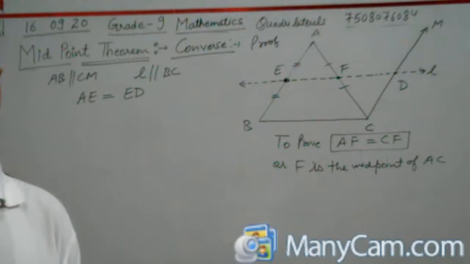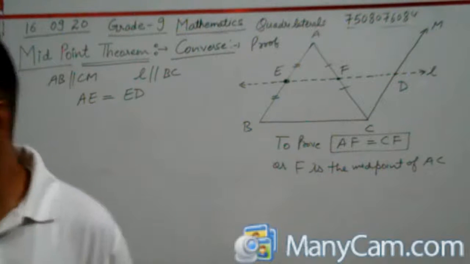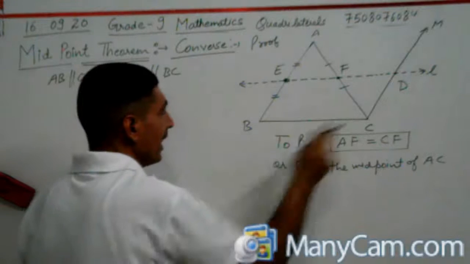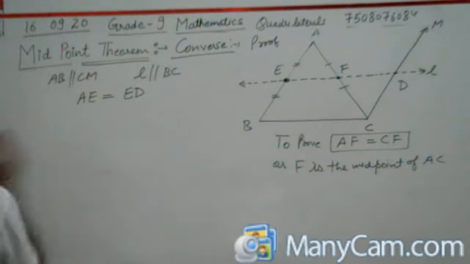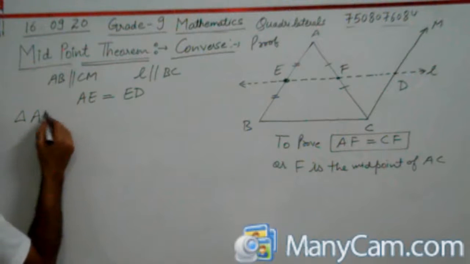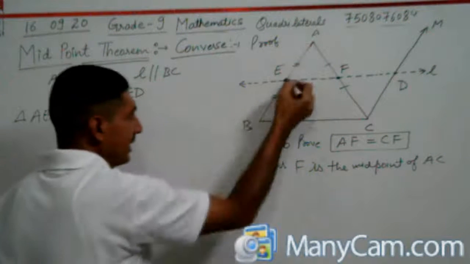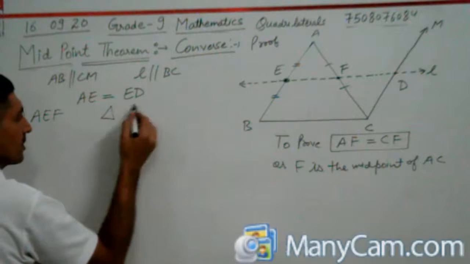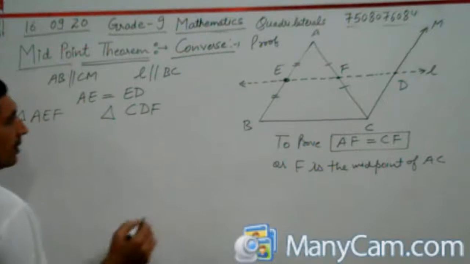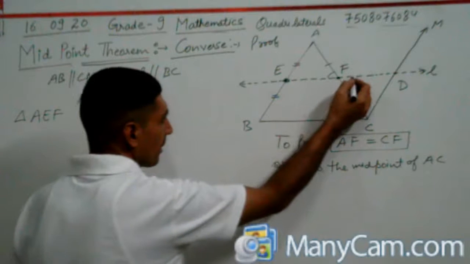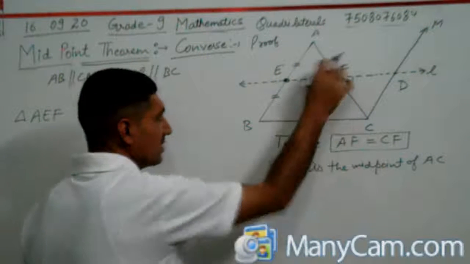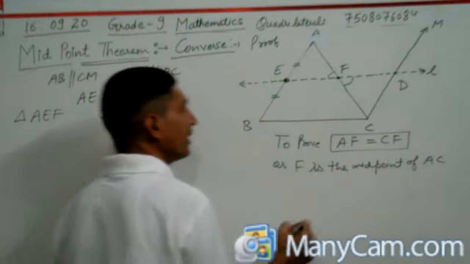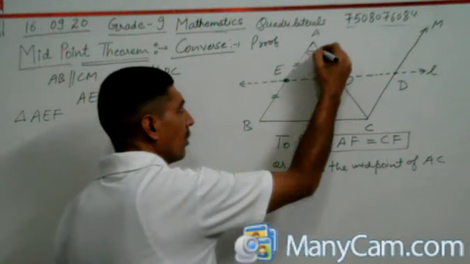How to prove it? Again, we will choose these two triangles, triangle AEF and triangle CDF. Here these are vertically opposite angles, and these two angles are alternate angles.